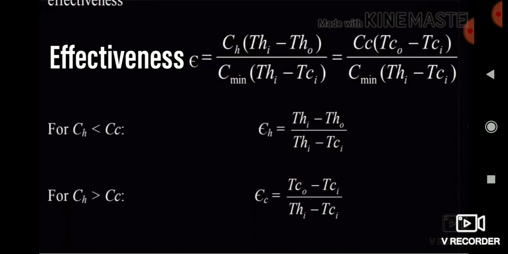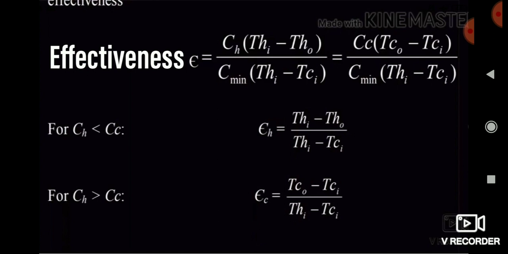Means if CH is less than CC, then you put CH in the denominator, and when CH is greater than CC, then you put CC in the denominator. Whatever value is less goes in the denominator, and whatever value is high goes in the numerator. This is regarding CC or CH.